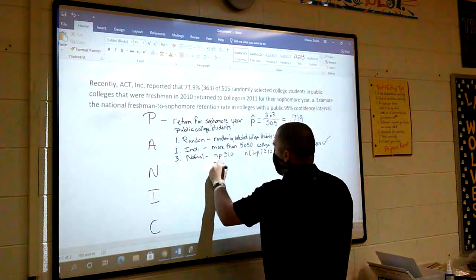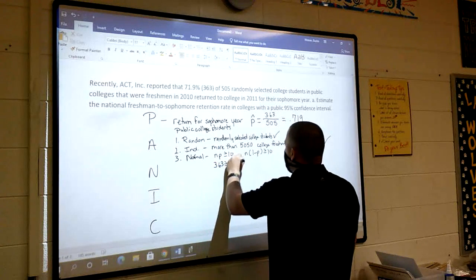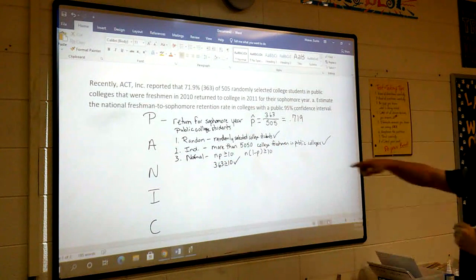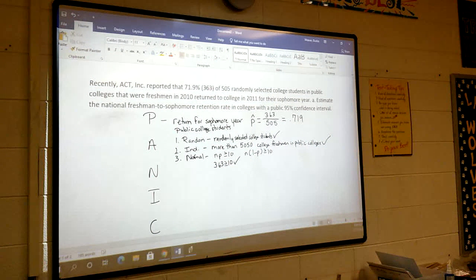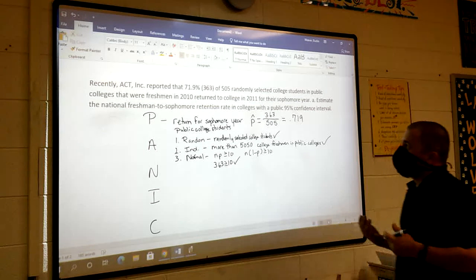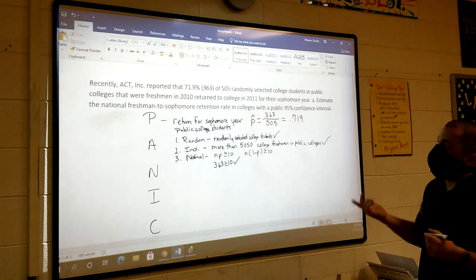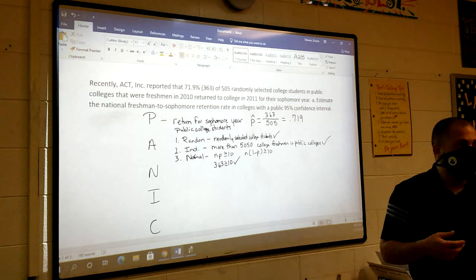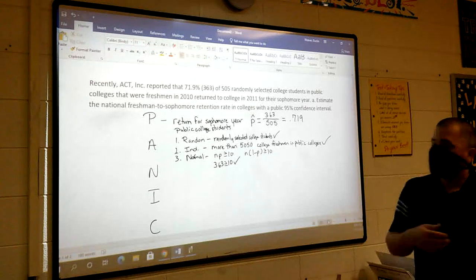That's greater than or equal to 10. You put a check by it. Failures are how many people did not return to college, and we have to figure out how many that is. It's 505 minus 363, which is 142.